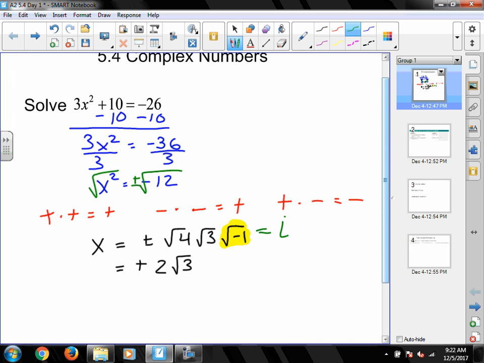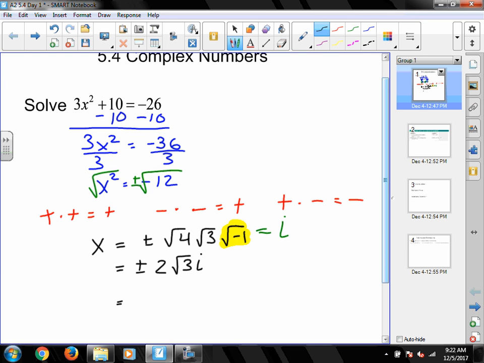They got to a point where they couldn't take the square root of a negative number, so they said, well, let's just pretend like we could. Just like we did with the 12, they broke it down, and they just had that square root of negative 1. So instead of writing that over and over again, they just denoted it as i. So, going back to our problem, we've got plus or minus 2 square root 3 i.